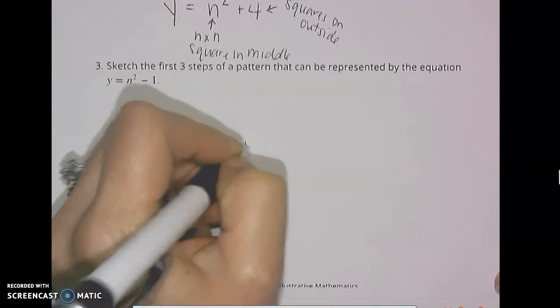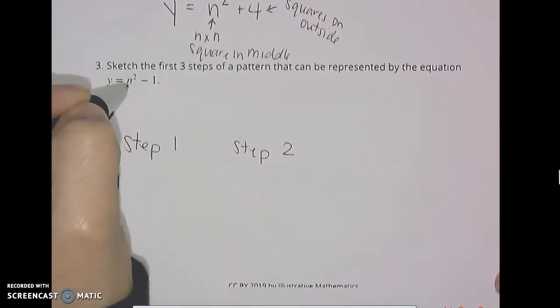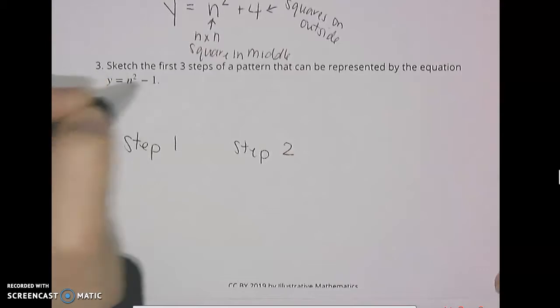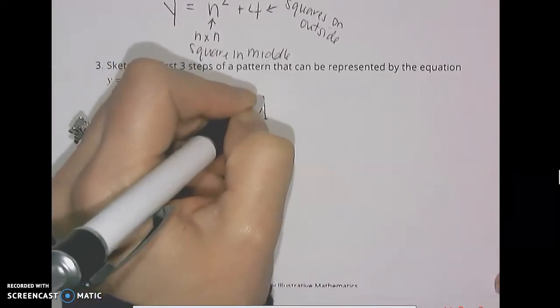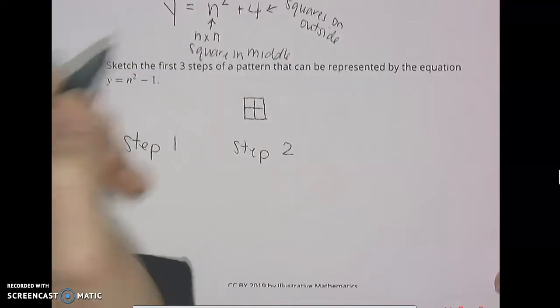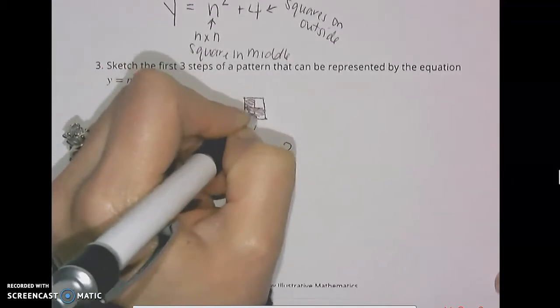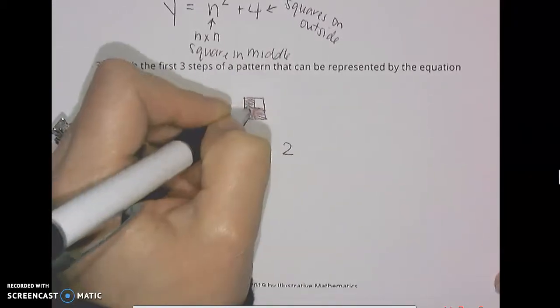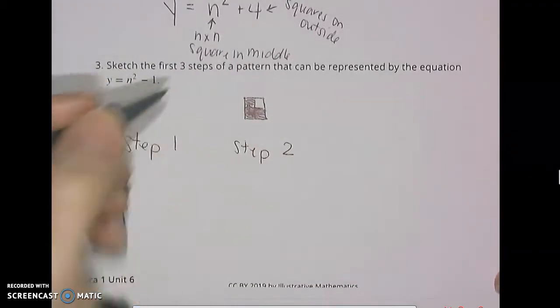So in step 2, if we take that 2 and plug it in for n, 2 squared is 4, 4 minus 1 is 3. So if we imagine this 2 by 2 square, we're only going to have 3 out of the 4 because we're getting rid of 1. Okay, so it would only actually be this shaded area here.